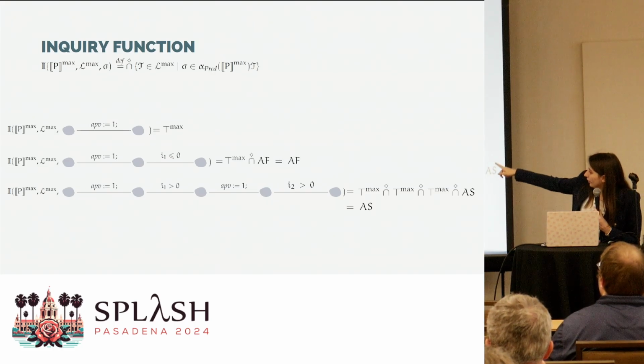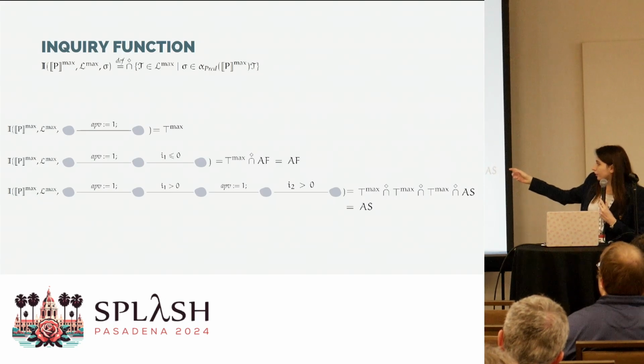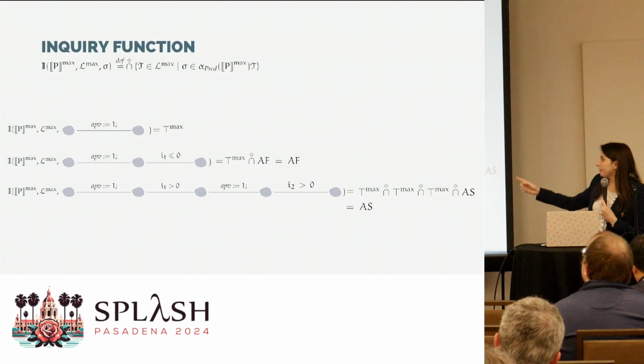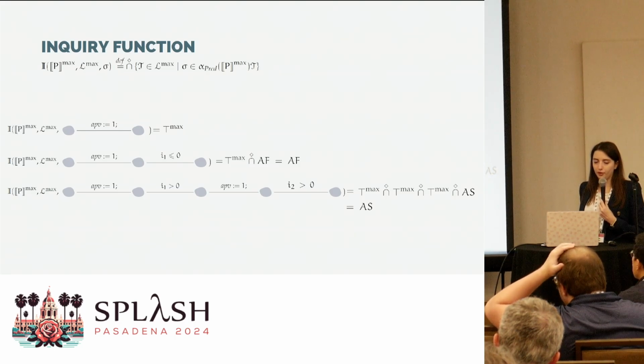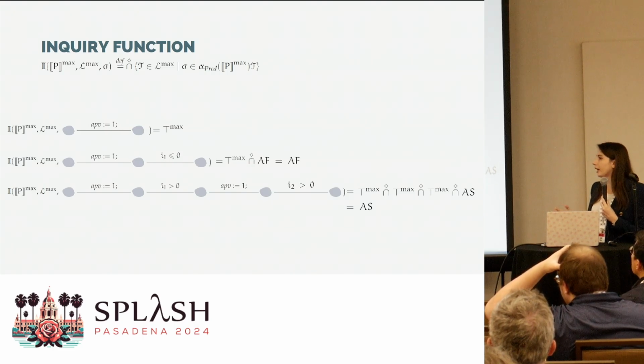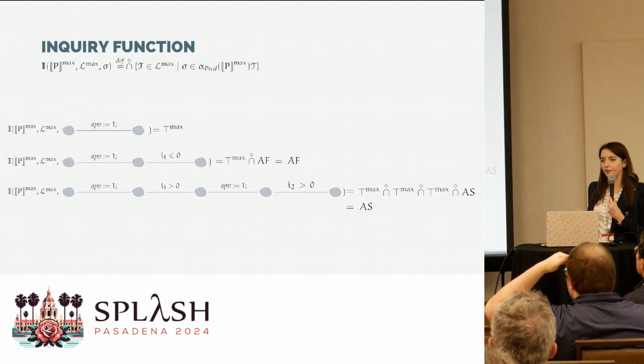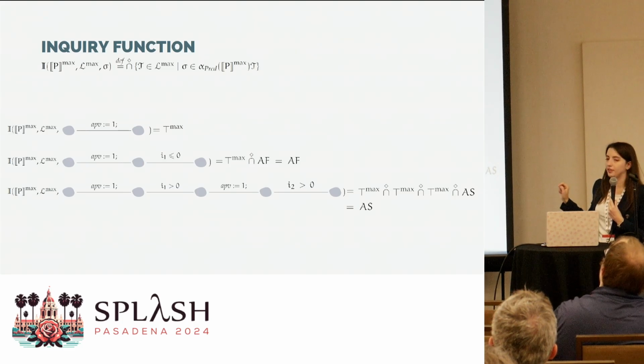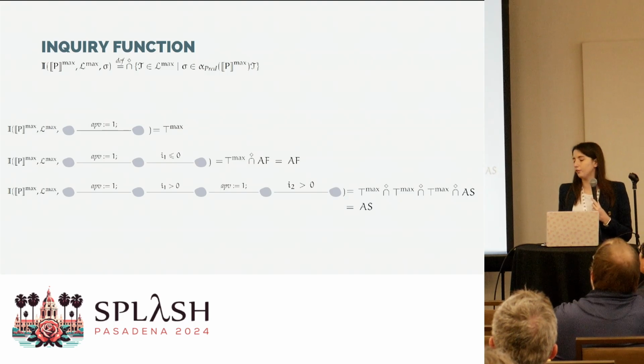So, for example, for the first trace that we take into account, where APV takes a value equal to 1, the only behavior that this prefix trace can guarantee is stop, because I1 and I2 are not yet assigned. On the second trace, where the first administrator takes a value less than or equal to 0, the most concrete behavior that this prefix trace can guarantee is access failure, because we recall that if at least one of the two administrators is assigned a value less than or equal to 0, the access to a resource fails.